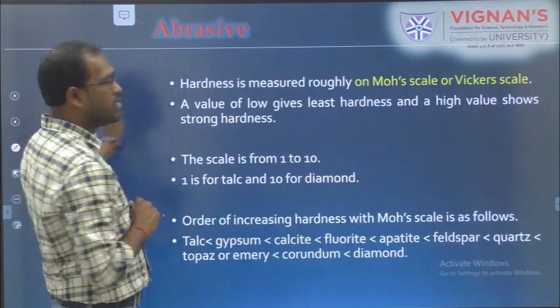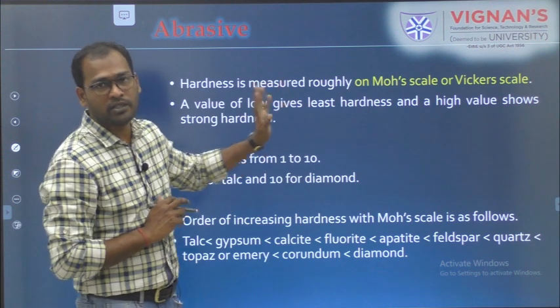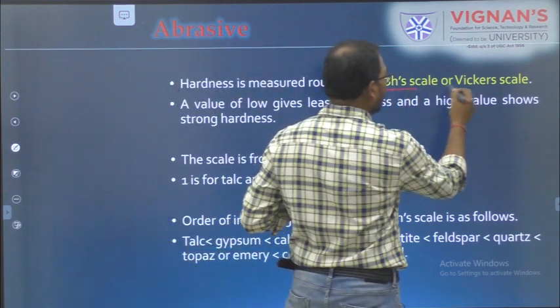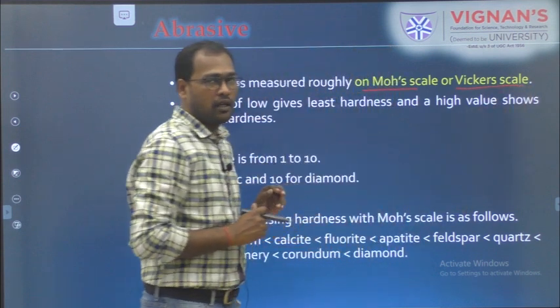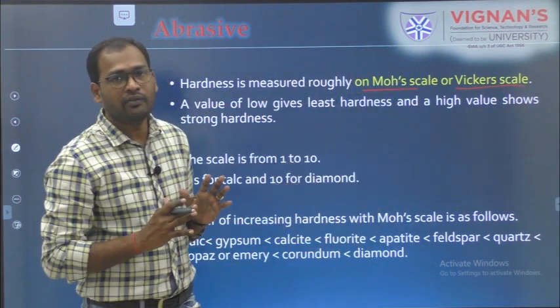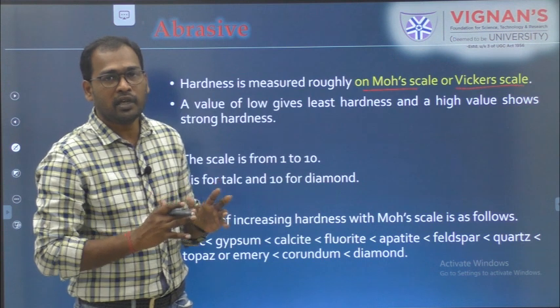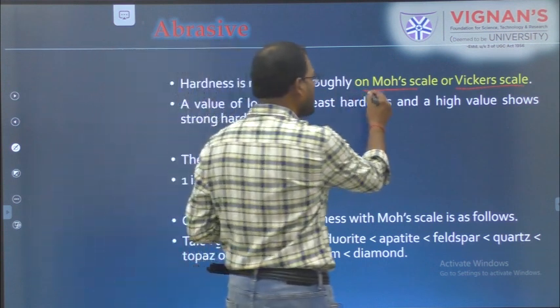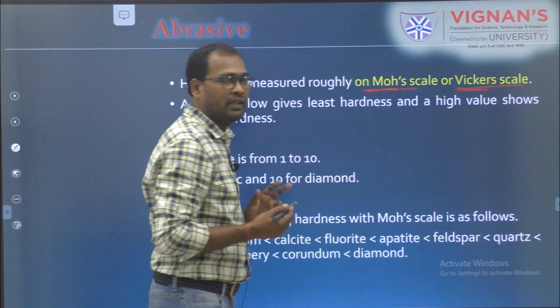So, hardness, as I said earlier, is measured based on the Mohs scale, which is also called the Vickers scale. Okay. So, the hardness of the abrasive material is measured by the Mohs scale or the Vickers scale.